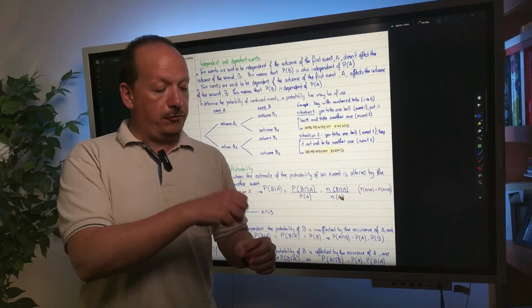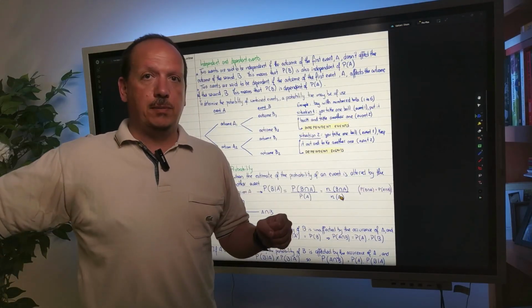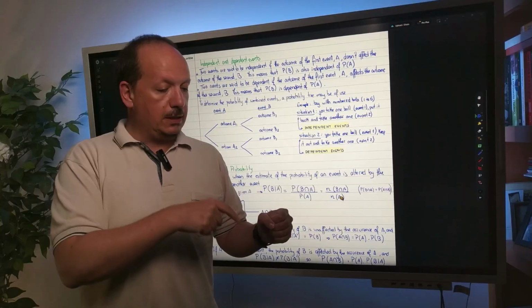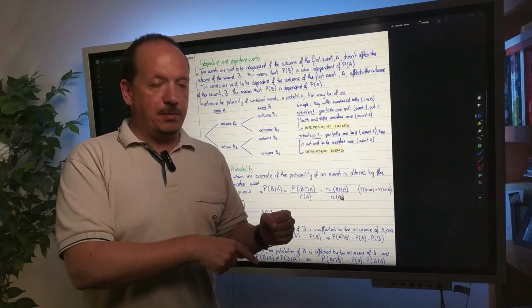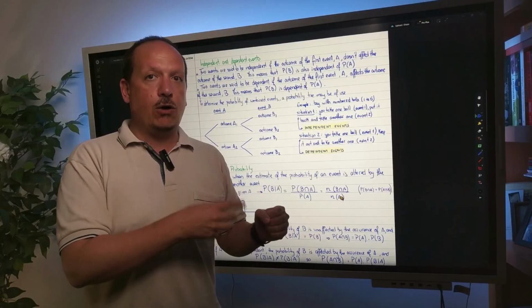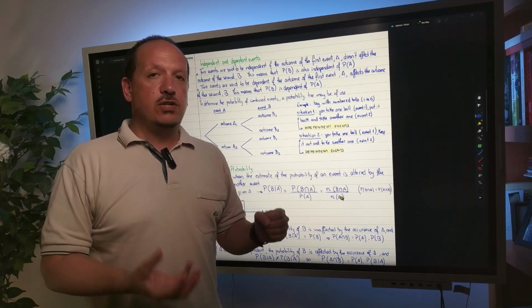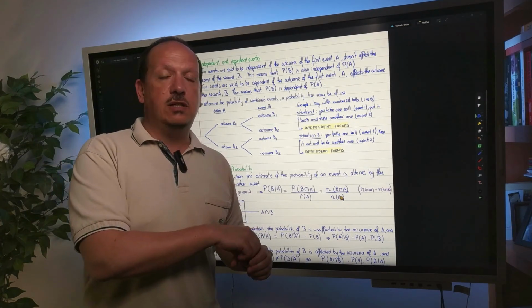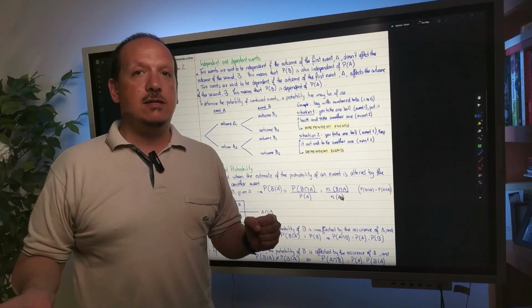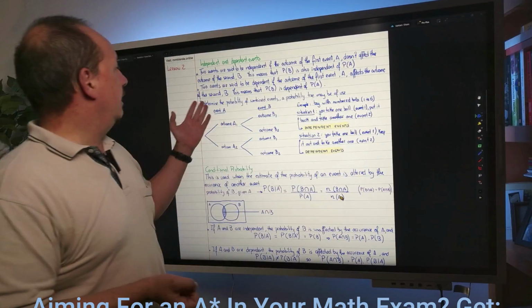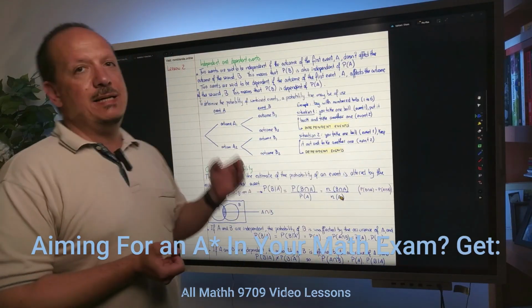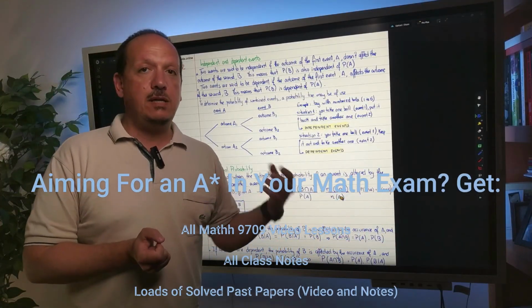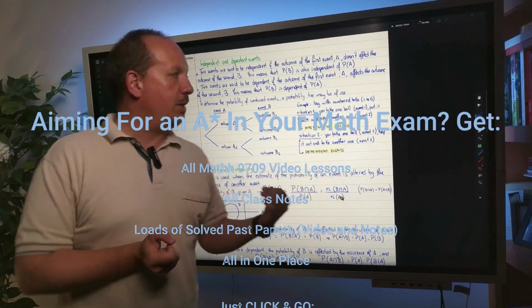However, if after the first event you keep the ball out, the probability of getting whichever number is left inside the bag is now 1/4. So event A altered the probability of event B. So we have here an example of a dependent event. Event B is dependent on what happened to event A.